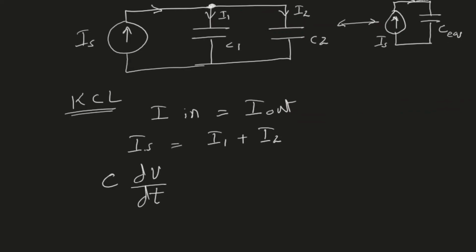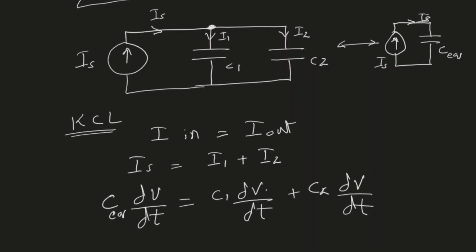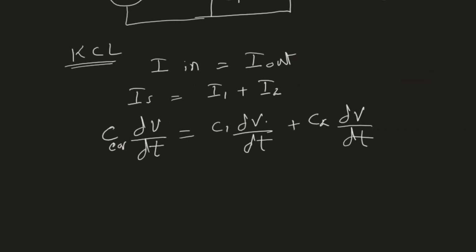So I can say that Is is C equivalent times dV by dt. I1 is through capacitor C1, so I have C1 times dV by dt, and I2 is C2 times dV by dt. Now you would see that both C1 and C2 are connected in parallel, so the voltage across them is the same.